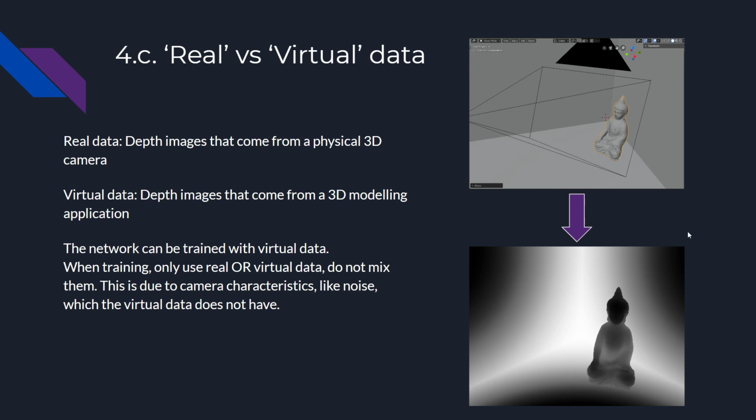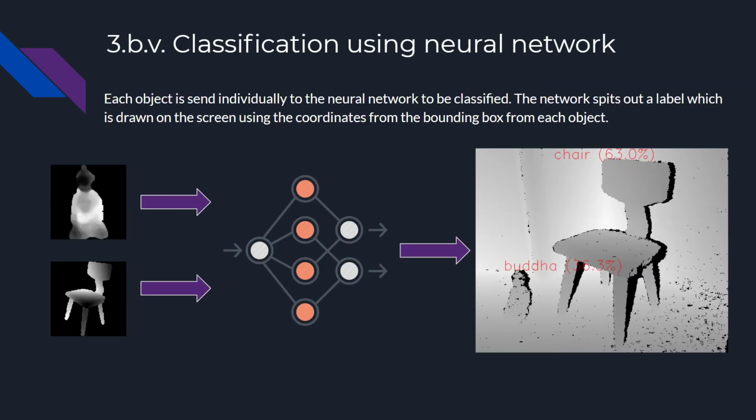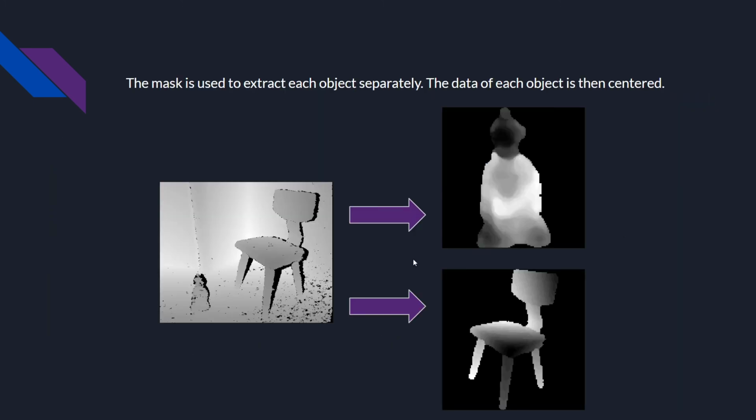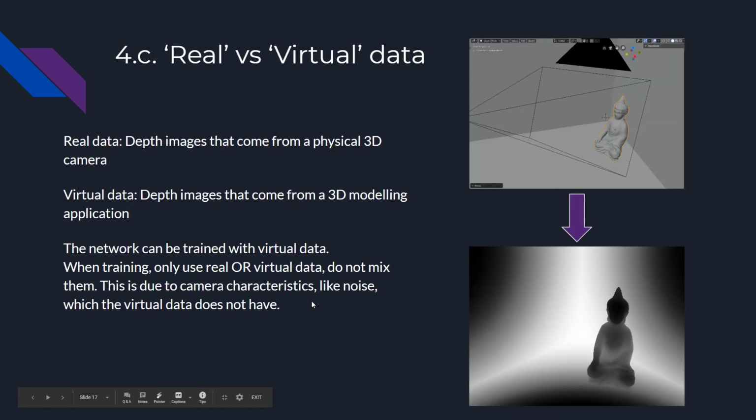So then finally some comments on using real or virtual data. By real data I mean images that come from the depth camera, so this. And with virtual data, I mean images that come from a 3D modeling application like this one, for instance, which is Blender. This black thing here represents the camera.